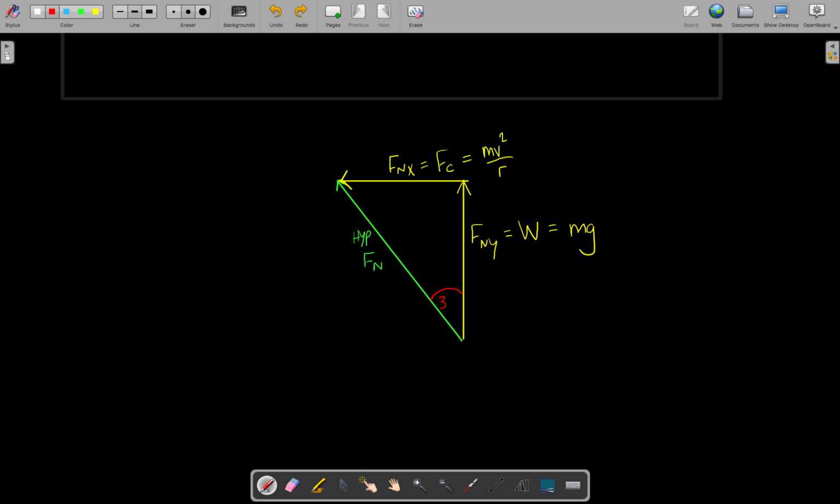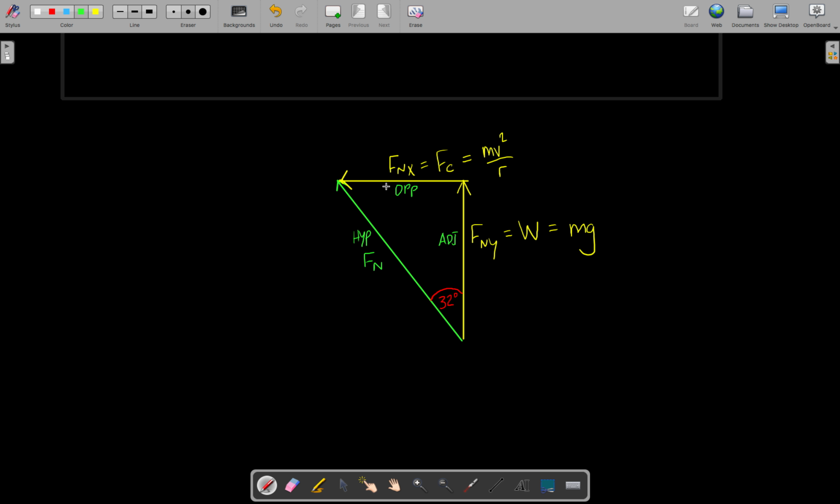Let me write that a little more cleanly. There we go. Now in relation to the angle, you'll notice that this side is on the opposite end of the triangle, so we're going to label this side as the opposite. And this side right here is touching the angle, so we're going to call this side the adjacent.